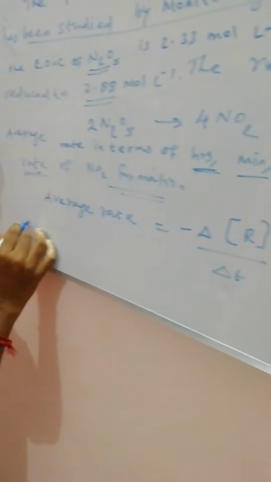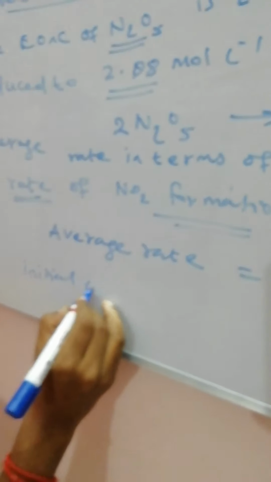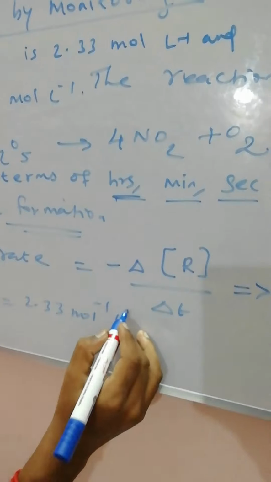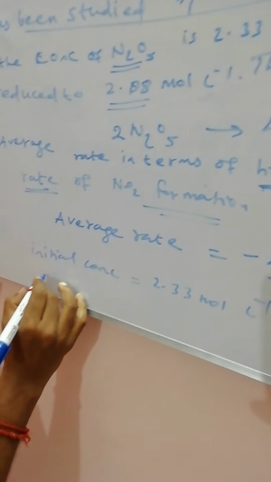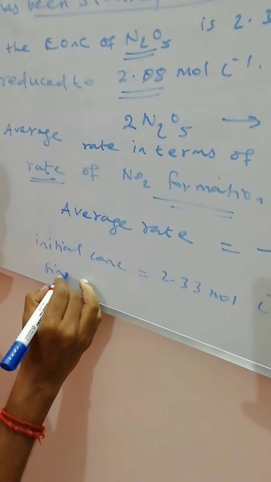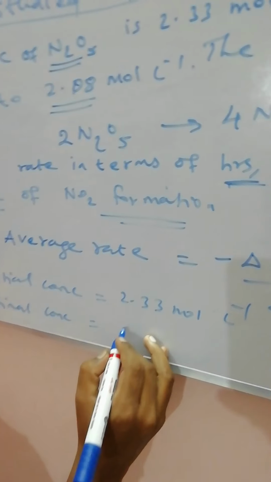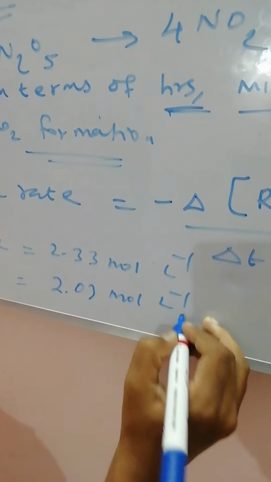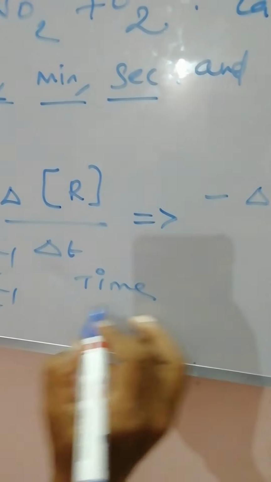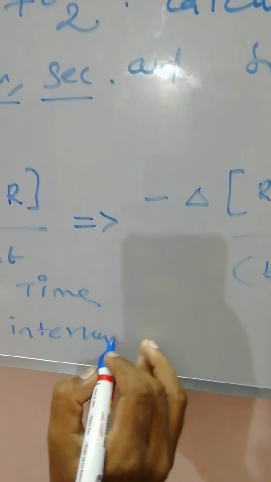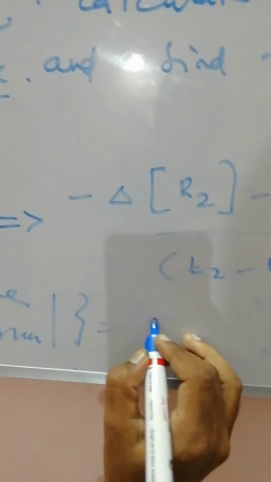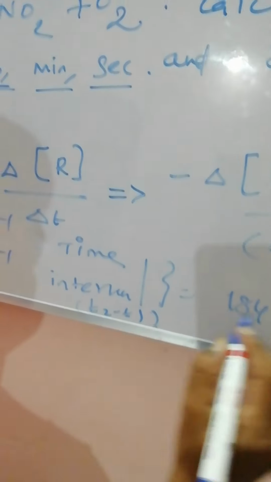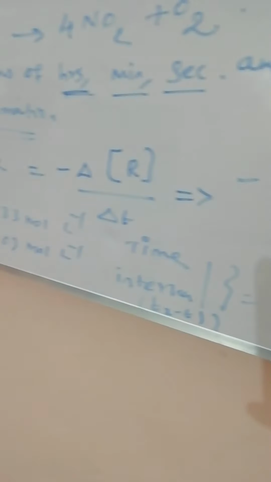The initial concentration is 2.33 moles per liter, the final concentration is 2.08 mole per liter, and the time interval T2 minus T1 is 184 minutes. These are the terms given in the question.